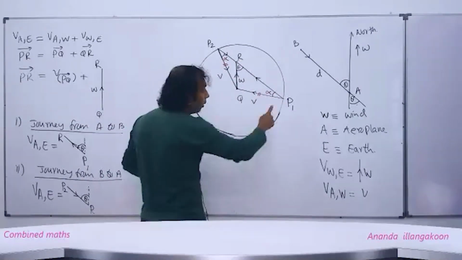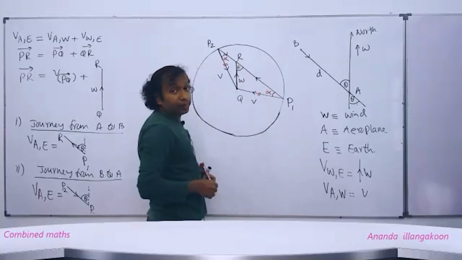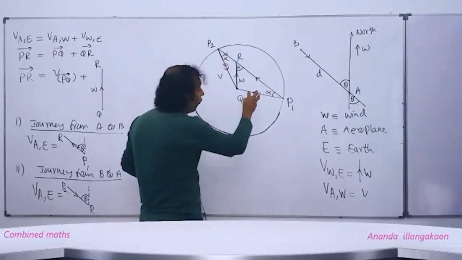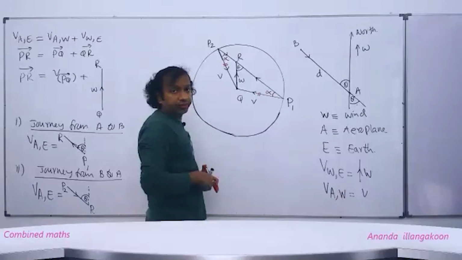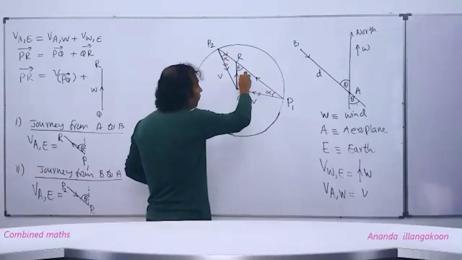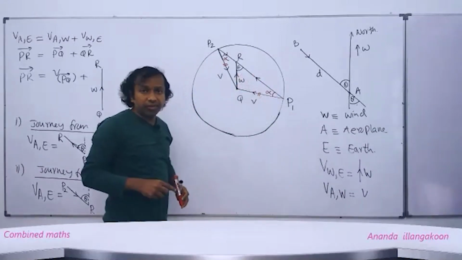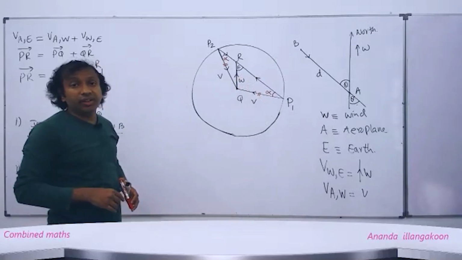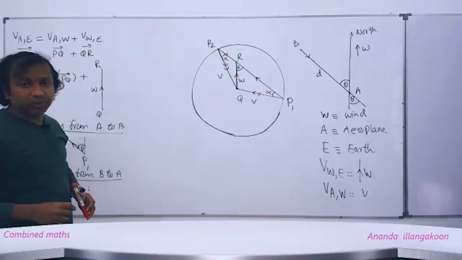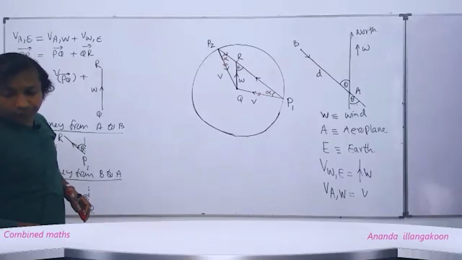What is the sine rule? V divided by sine theta is equal to W divided by sine alpha. By that, you can very clearly find alpha.